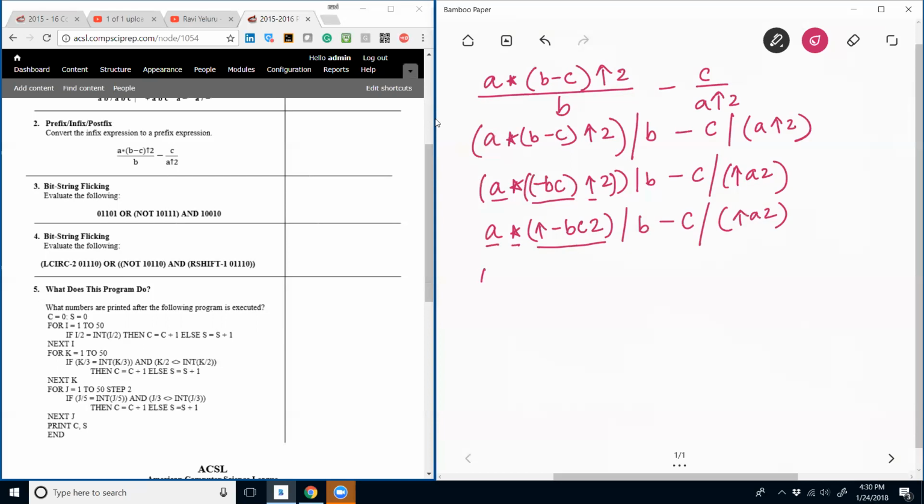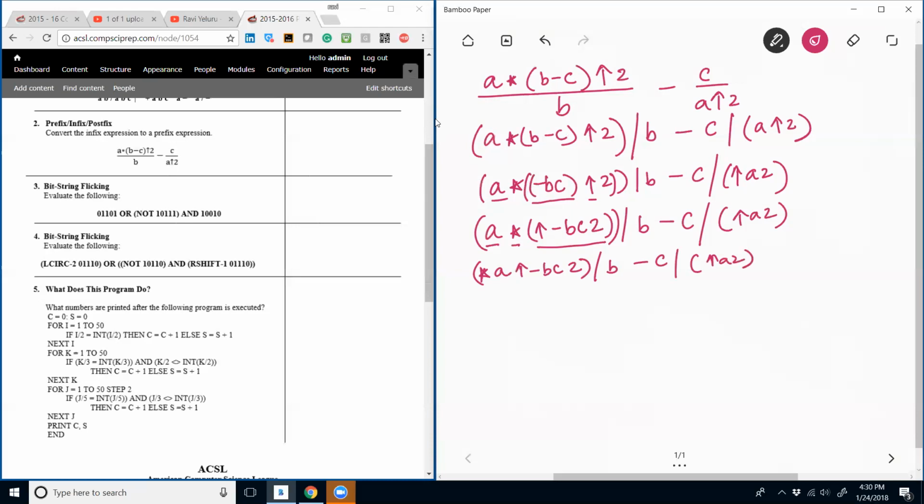So how do you write this in prefix? Put the star in the front, and then have this A, and now you can open these brackets, parentheses, because you're writing the term as is. And this whole thing, I forgot to close this bracket, so this whole thing is one term, and then slash B. Now, C slash up arrow A2.